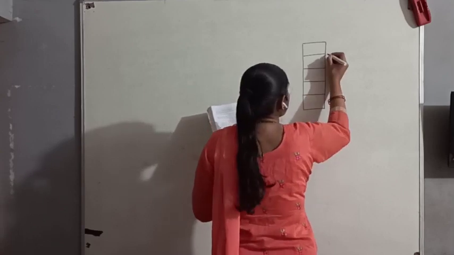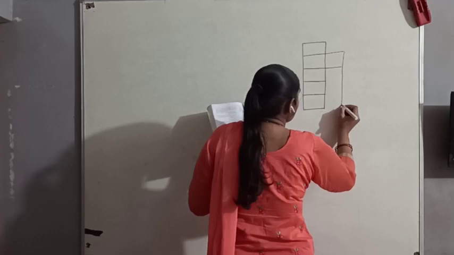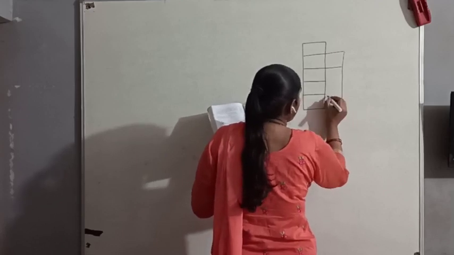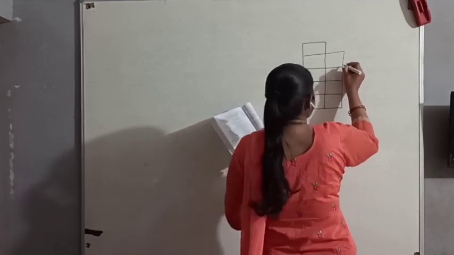And next 4 cubes. And we know that cube has all edges of equal length.